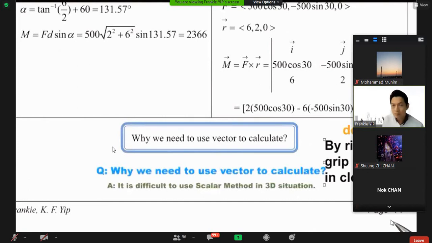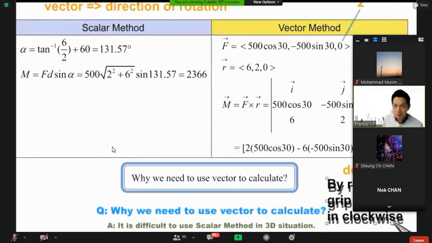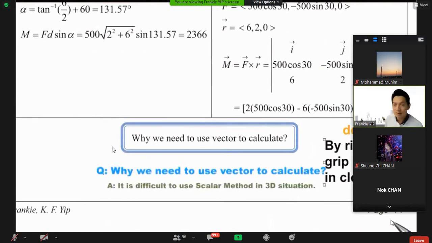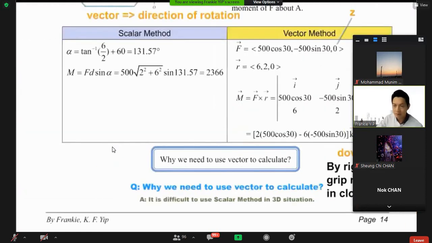In fact, for both methods, we can calculate the same results. But for the vector method, we do have the vector k over here. And why do I know the rotation? Because of the psi. Got it? Because of the psi.